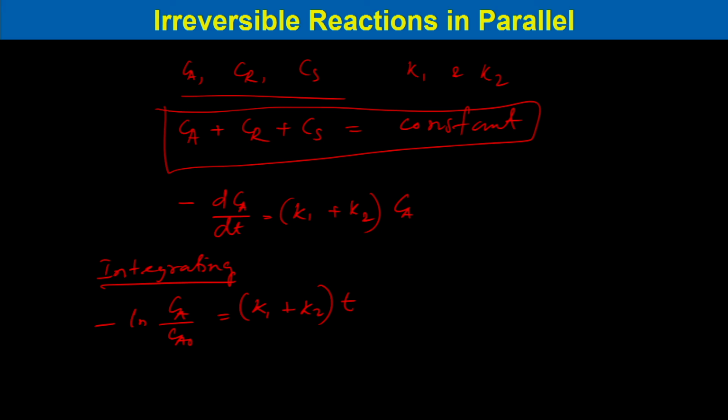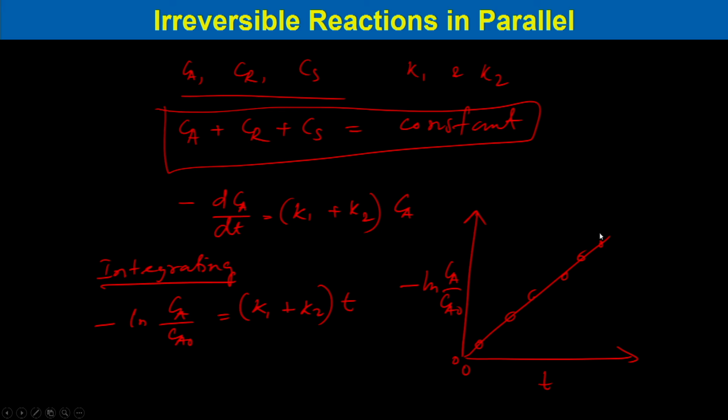Now, if we plot minus ln(C_A/C_A0) versus t, it will pass through the origin, and from the slope we can obtain k1 plus k2.